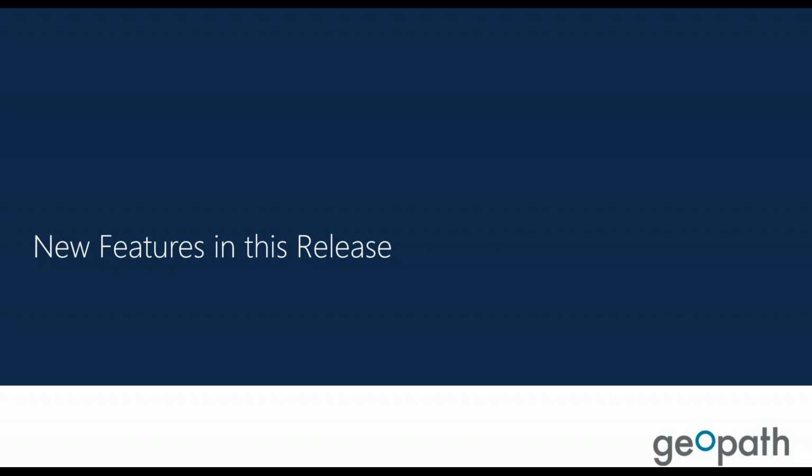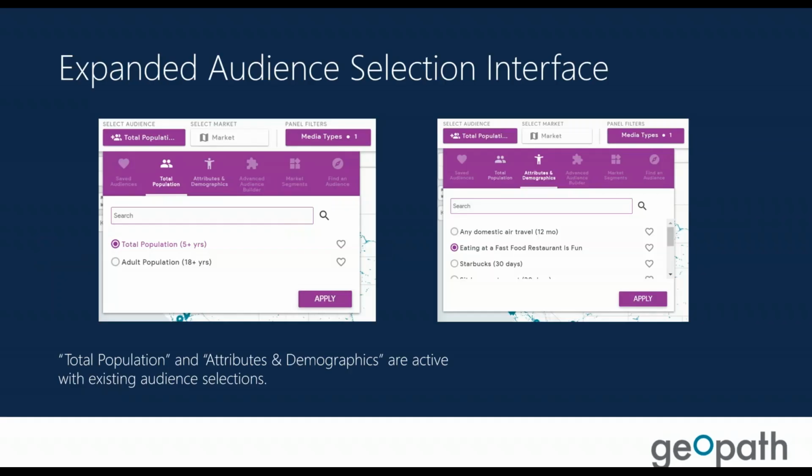So new features in this release. So again, as I was just teeing up, you'll see that the way we present the audiences is much improved. And again, this is in preparation for us being able to add in and populate all of these tabs with many more population attributes.